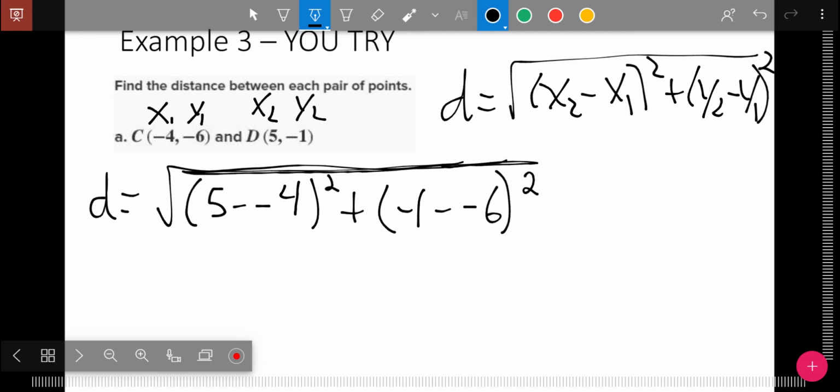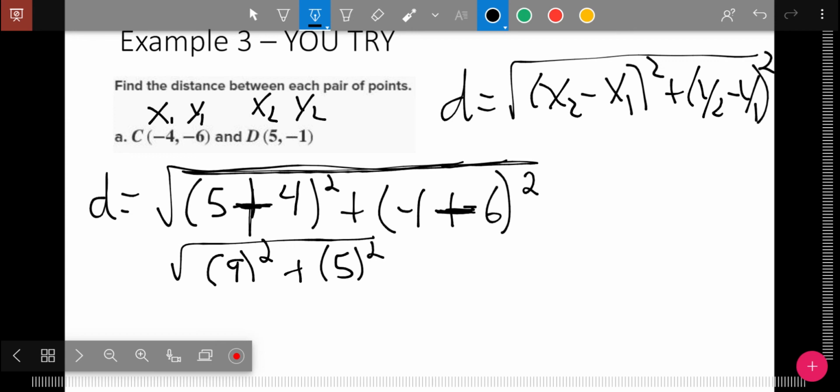Okay. And so square root, 5 minus a negative becomes a plus. So that ends up being 9 squared. Minus a negative ends up becoming a plus. Negative 1 plus 6 is 5 squared. 9 squared is 81, plus 5 squared is 25.